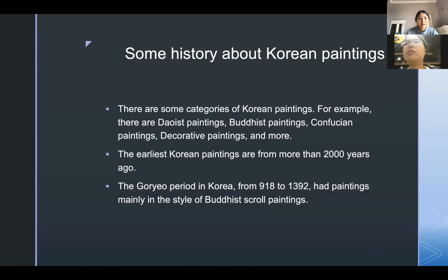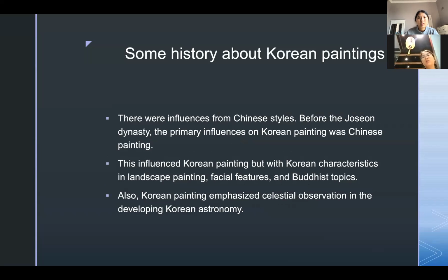The Goryeo period in Korea from 918 to 1392 had paintings mainly in the style of Buddhist scroll paintings. There were many influences from Chinese styles.